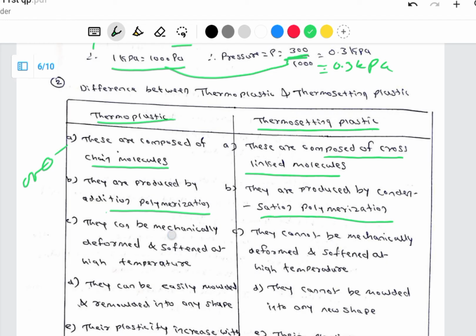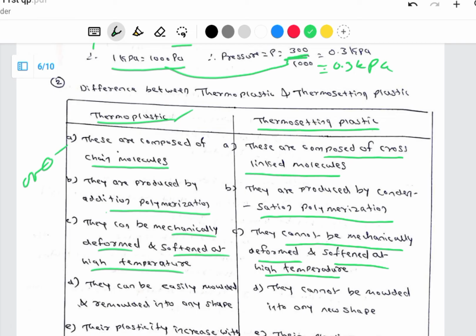Okay. Next, they can be mechanically deformed and softened at a higher temperature. Whenever you heat the thermoplastic, it will become soft and can change shape. But thermosetting plastic cannot be mechanically deformed and softened at a higher temperature, because once it has been set, the shape cannot be changed.